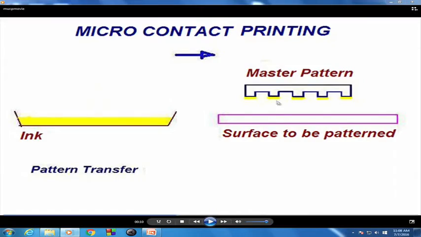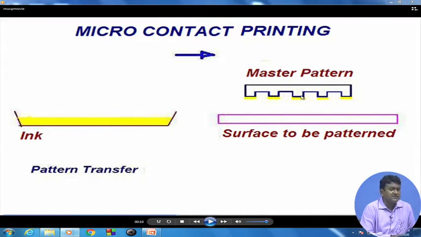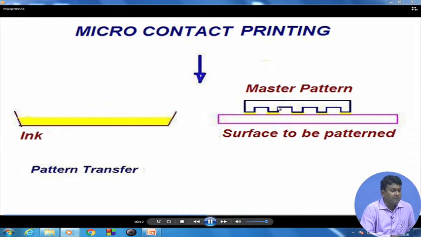Here, instead of a pure solvent, you are wetting the Sylgard stamp with a silane solution. Please understand this is a cartoon I have drawn, and therefore it shows as if only these areas are wet, but it does not happen like that. The whole stamp gets wet, and all you need to do is simply bring it in and press the stamp against the surface to be patterned.